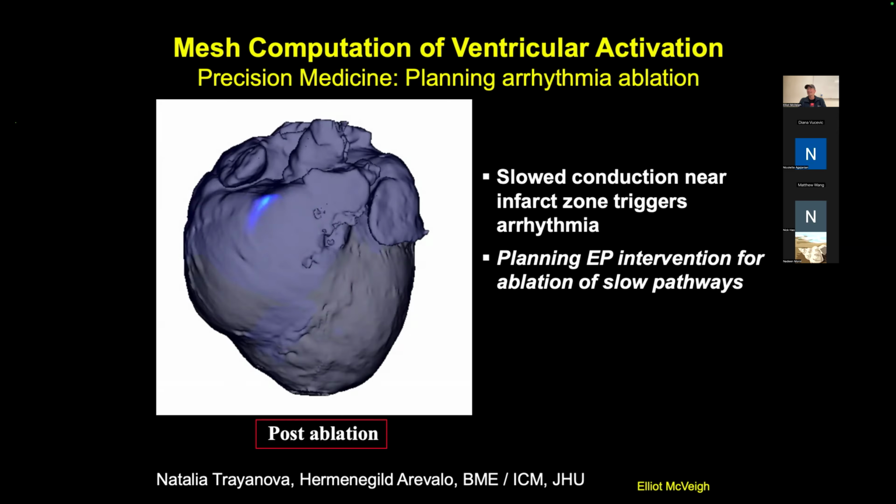But ideally, what happens is you do a super high resolution late gadolinium enhancement movie. Natalia and her group put it into their simulator and say, like, how probable is it that you will generate a self-sustained ventricular arrhythmia? And then if it is probable, you can go to the cath lab and have it ablated.